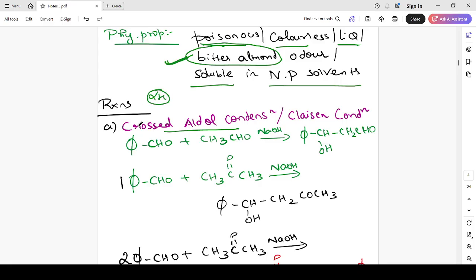What is cross aldol condensation? One of the aldehydes will have alpha hydrogen, the other aldehyde will not have alpha hydrogen. And if the condensation reaction happens between them, then I call such a reaction crossed aldol condensation, also known as Claisen-Schmidt reaction.